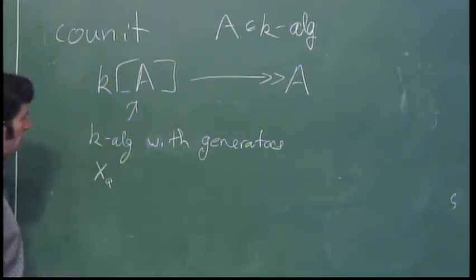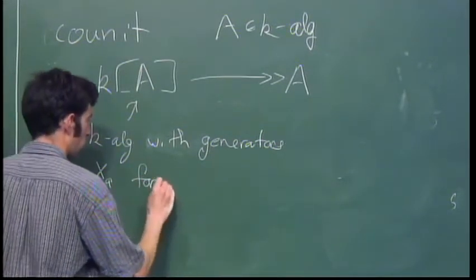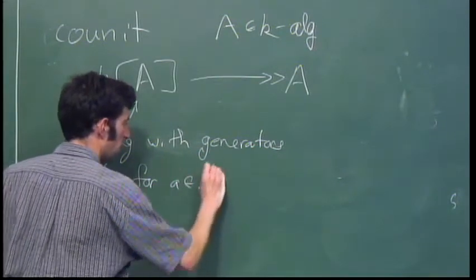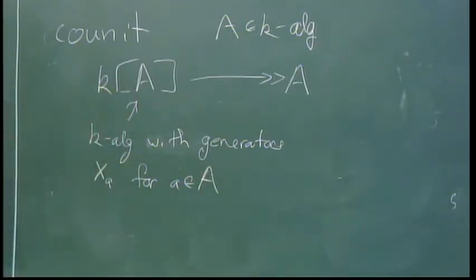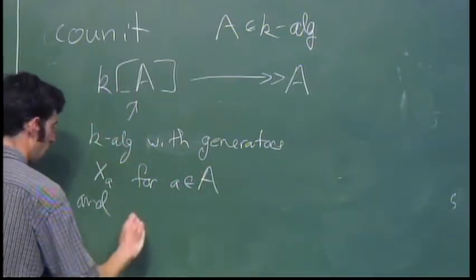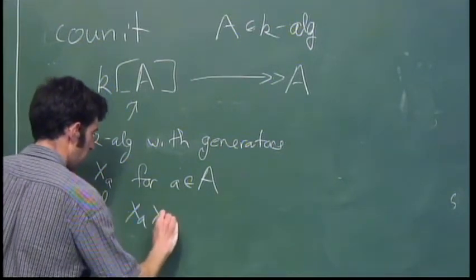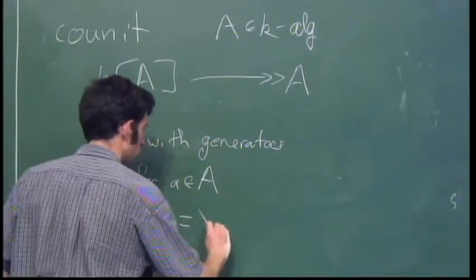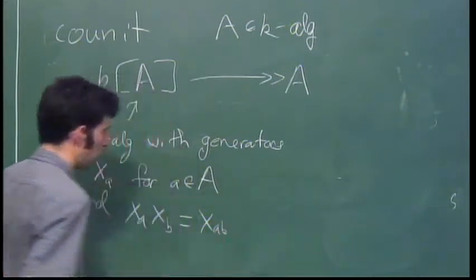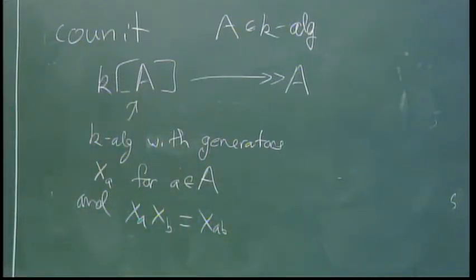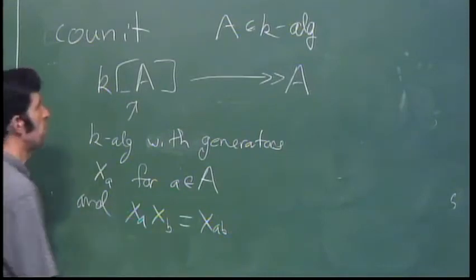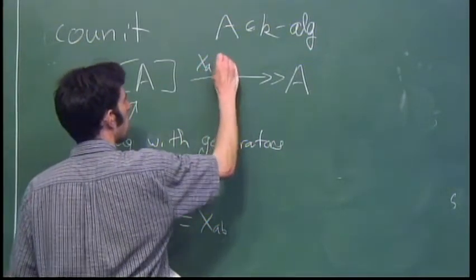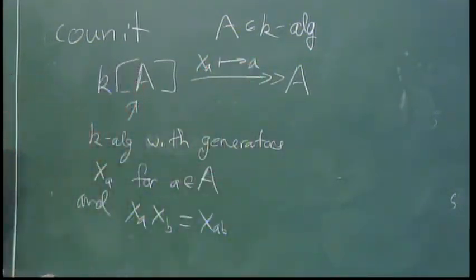I'll write it as X_a for each little a in big A, and X_a times X_b is equal to X sub ab. So I use this notation, X sub a, rather than just writing a, to avoid confusion. So this map here is given by sending X_a to a.